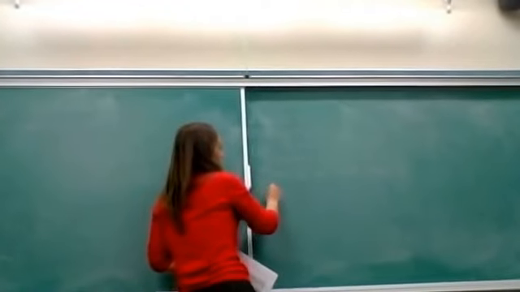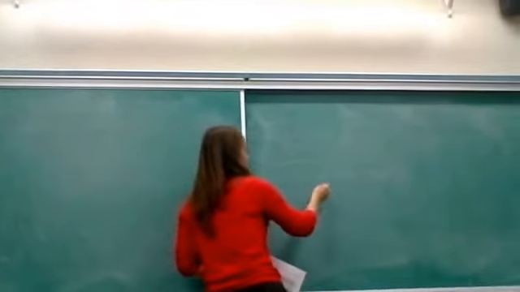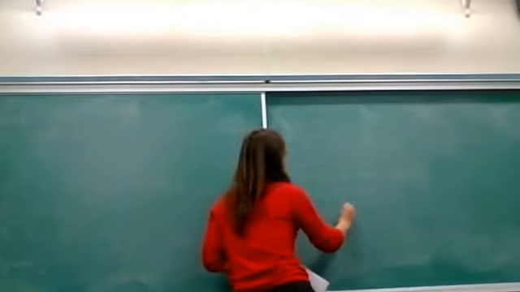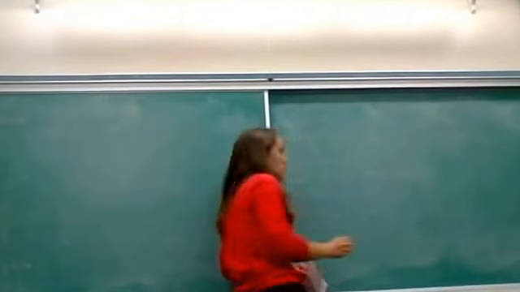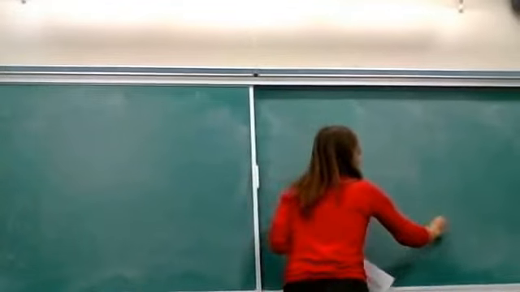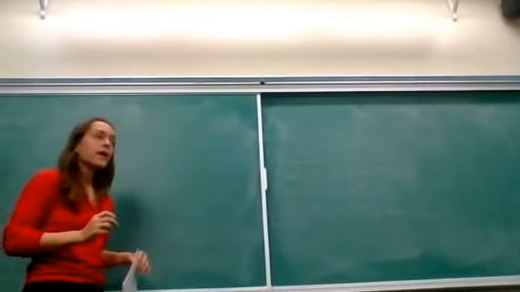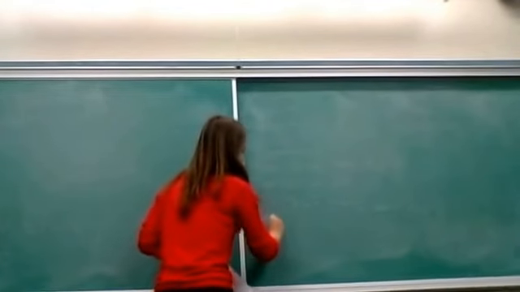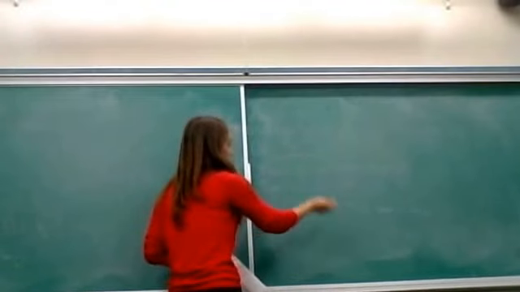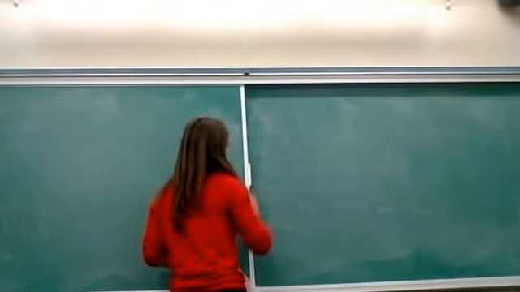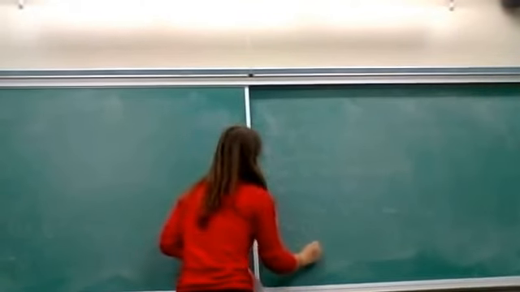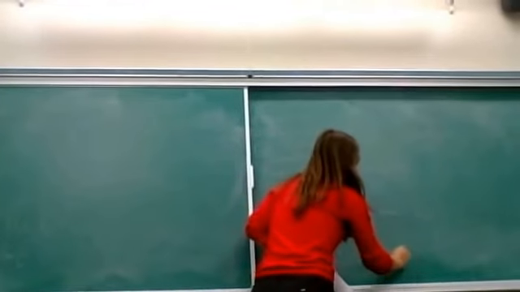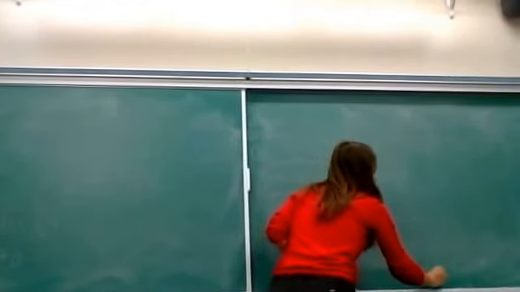From 1, we get that 3 times c1 plus 0 equals 0, which implies that c1 is 0. Then we go to equation 2. We have c1 and c3 equaling 0. Taking this into equation 2, we get 2 times 0 plus c2 plus 0 equals 0. And from here, it follows that c2 equals 0.